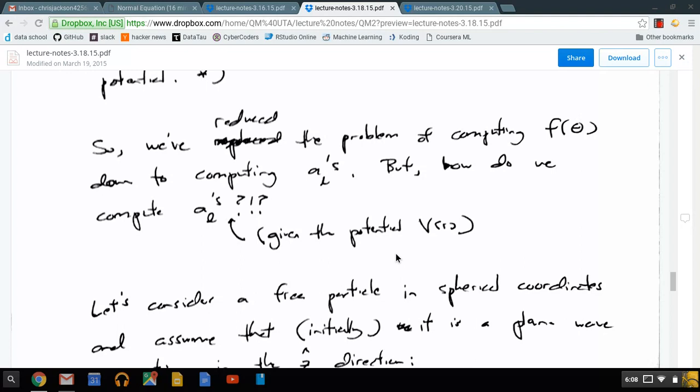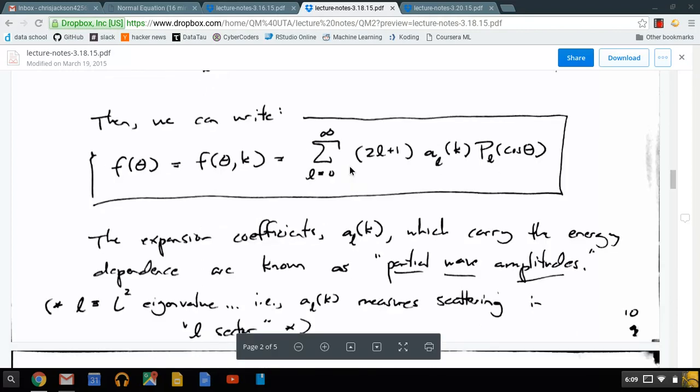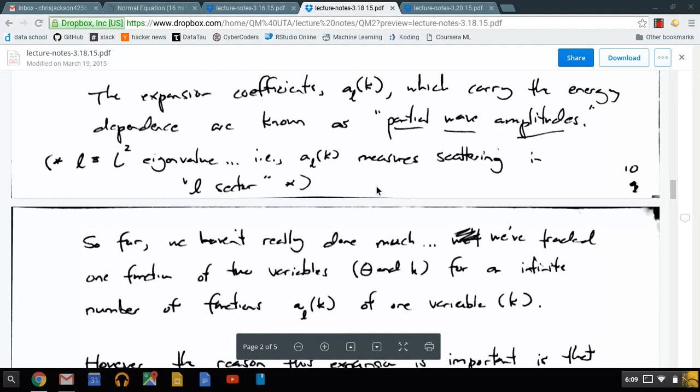So if we have a maximum L value, that's going to mean that the sum, let me get back to it. Right, so this sum is not going to be an infinite number now. It's going to be cut off at some L max, and the hope is that L max is not far from zero, so you only have to consider the first few L values.